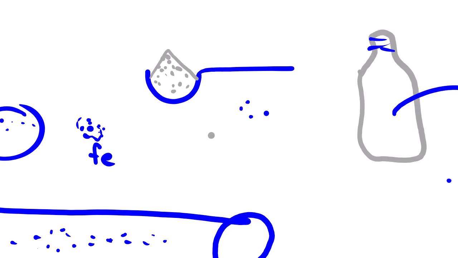If you use this particle to test the properties of salt, you will observe all the properties of that salt. If you taste it, it will be salty. If you put it in water, it will dissolve. If you observe the color, it will be white. So this particle is representing the salt.